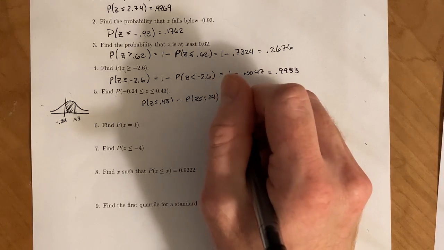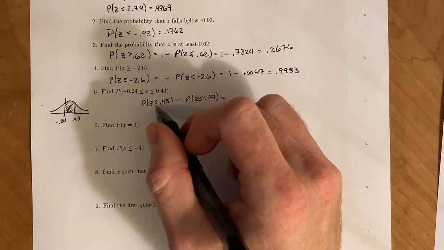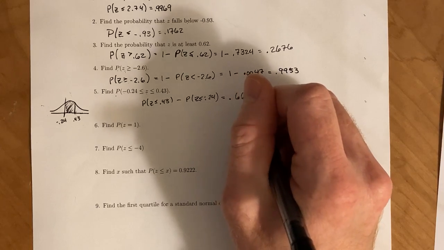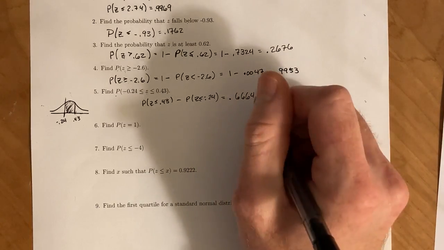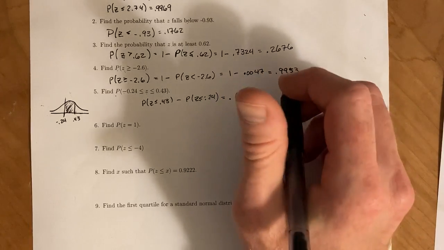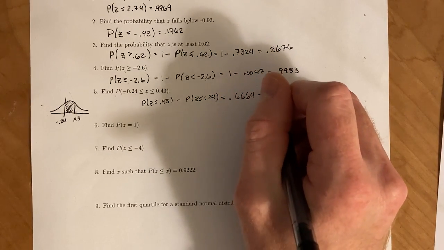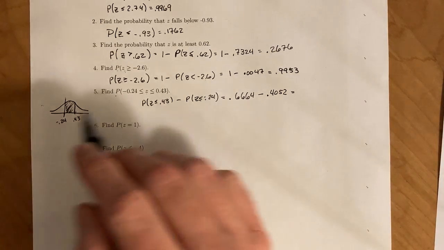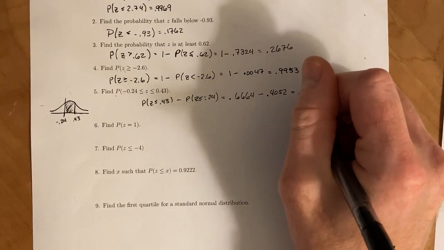If we go into our chart, the probability that z is less than or equal to 0.43 is going to be 0.6664. And the probability that z is less than or equal to negative 0.24 is going to be 0.4052. And so if we take the difference, we get 0.2612.